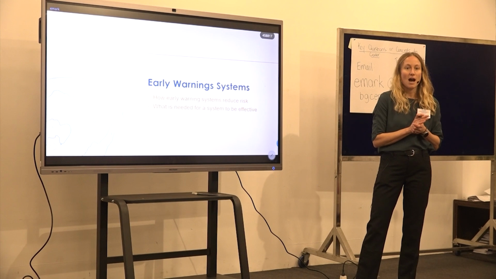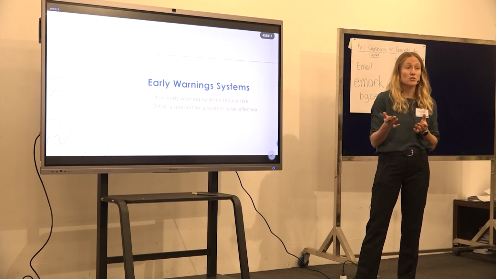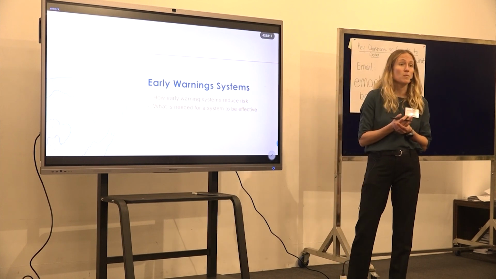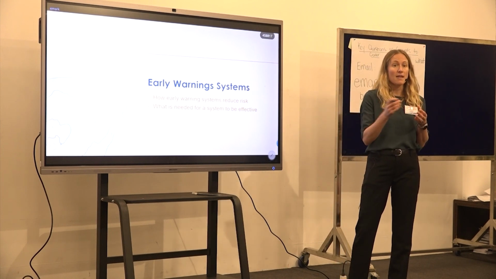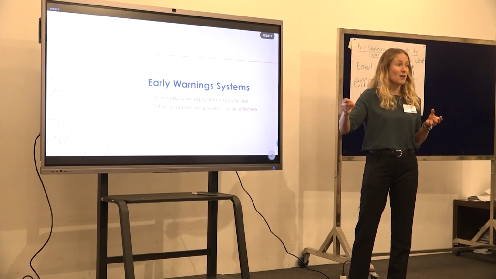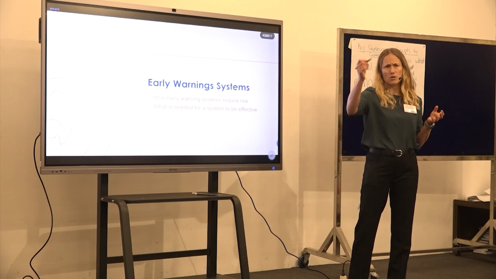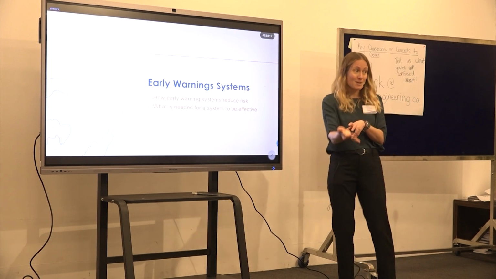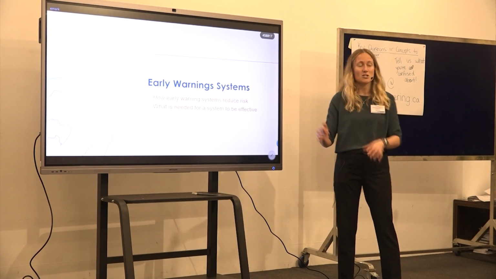Everything's okay. But there are limitations to how useful an early warning system can be, and I think it's helpful for the people in this room to understand that and then be able to communicate that to the people you're working with when they say, okay, design an early warning system, it will fix our problem. Maybe it will fix some problems, but there are limitations to understand.